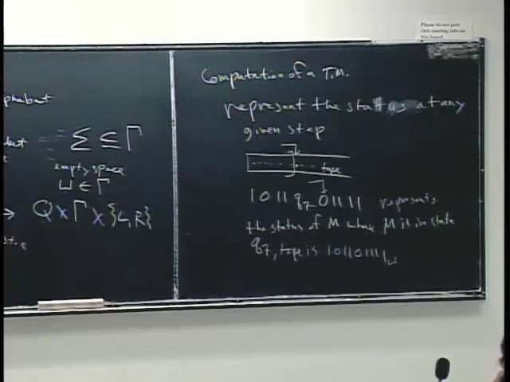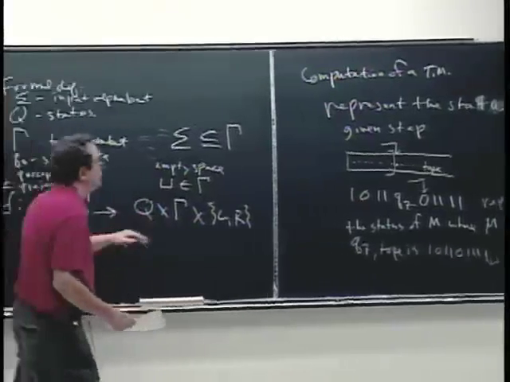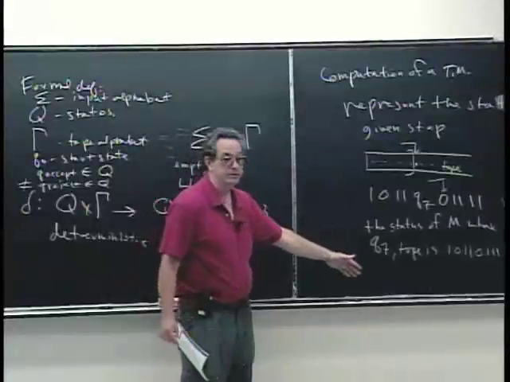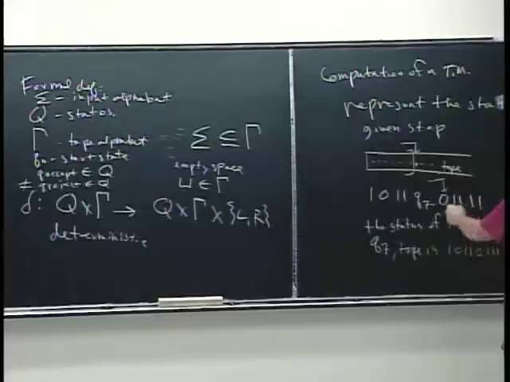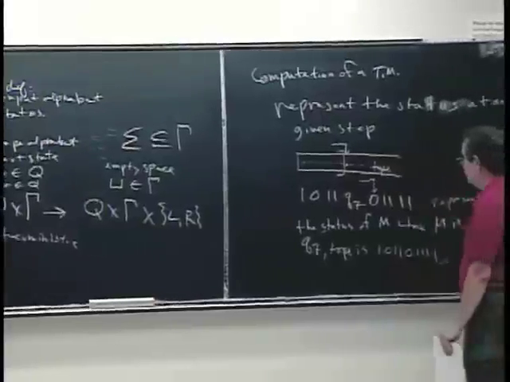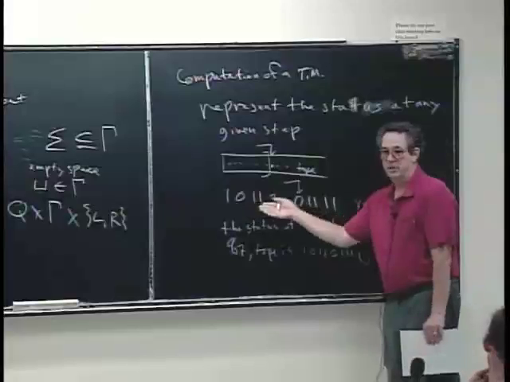And then in a single step of the computation, the configuration changes. Okay, if this is the configuration at one given moment of time, then the next configuration, can you say something about what it's going to look like?